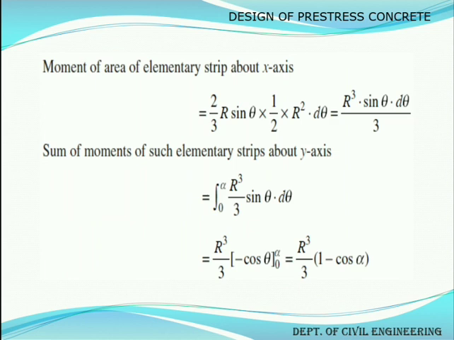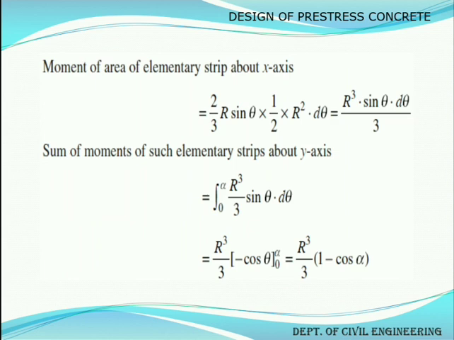Now let us consider the moment of the elementary strip about x-axis. In this case, we have to take the vertical projection, that is 2 by 3 r sine theta. In the previous case, we took the horizontal projection 2 by 3 r cos theta for finding the moment.